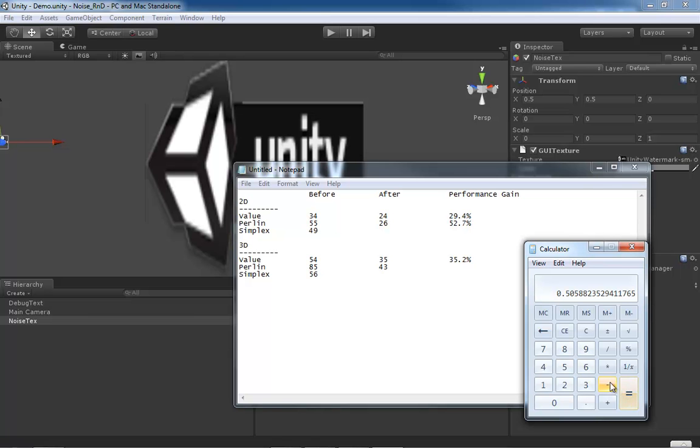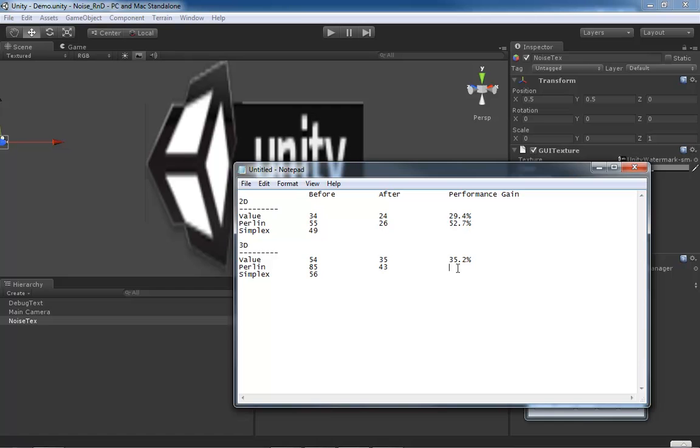See, it's not 50%. It was only 49.4%. I did say the word about. Yeah, I guess you did. But still, again, another huge savings.